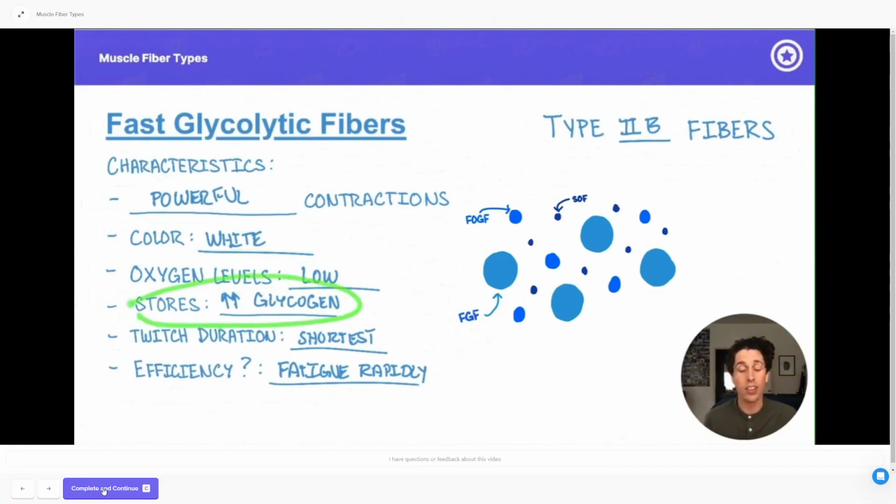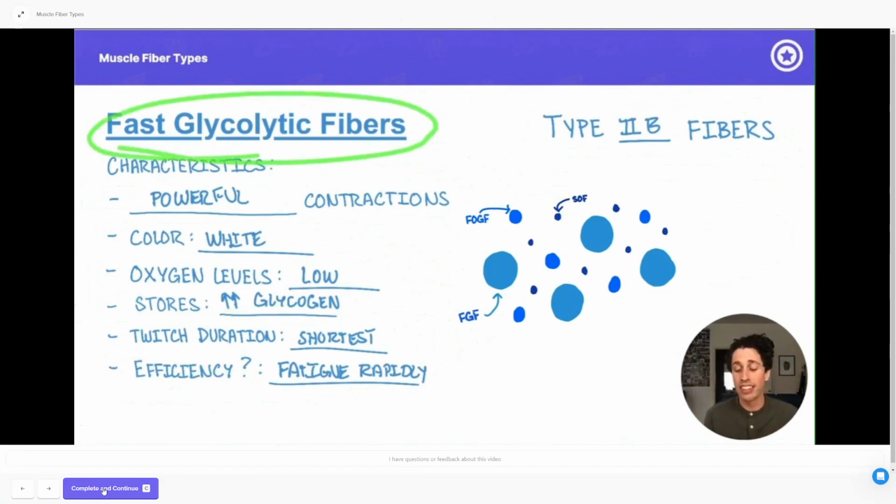And so that's where we're going to have a lot of glycogen storage in these fibers. They are fast twitch fibers, but they are very short in duration, and they aren't very efficient because they're going to fatigue rapidly. And so even though they have very powerful contractions, they are going to fatigue rapidly. And so there's kind of like that trade-off there. But just as a review, those are those fast glycolytic fibers or those type 2B fibers.